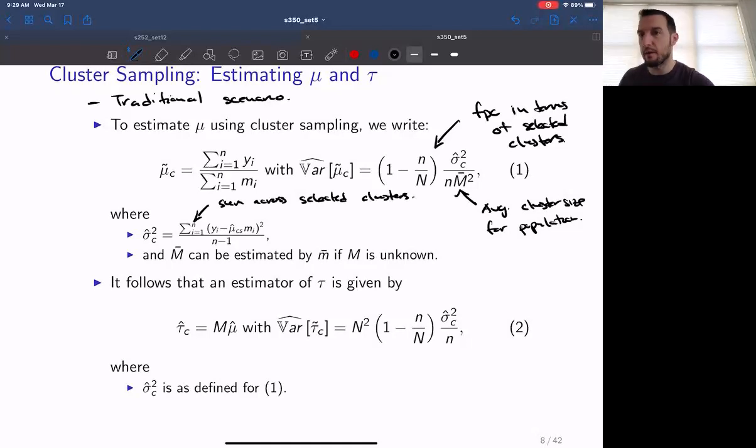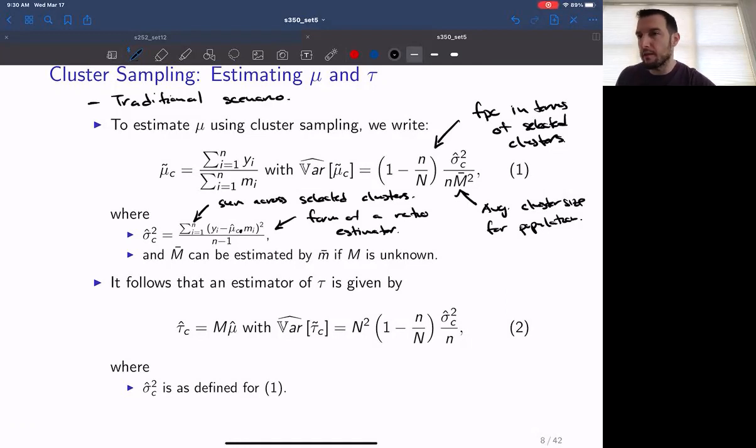Again, little n represents the number of clusters, of the yi, the value for each cluster, minus mu hat c multiplied by mi, the cluster size. So this thing actually looks like a ratio estimator. We'll return to this idea in a little bit.